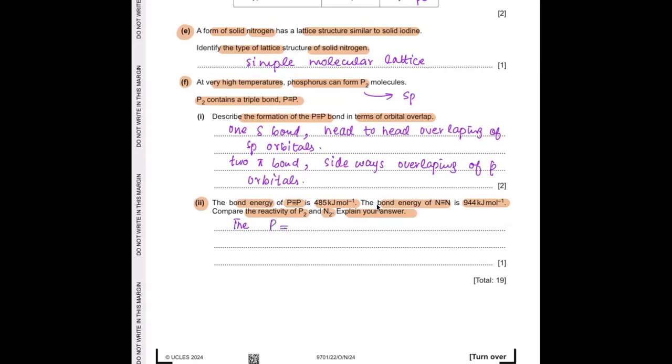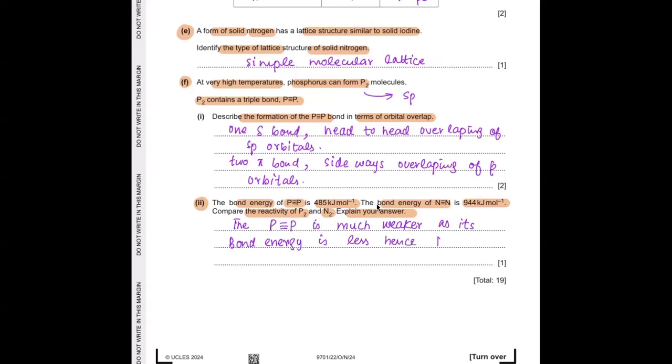The P triple bond P is much weaker as its bond energy is less.